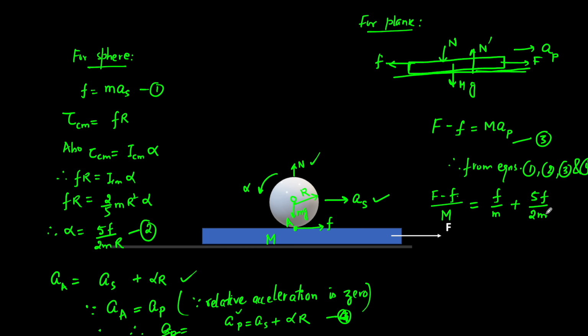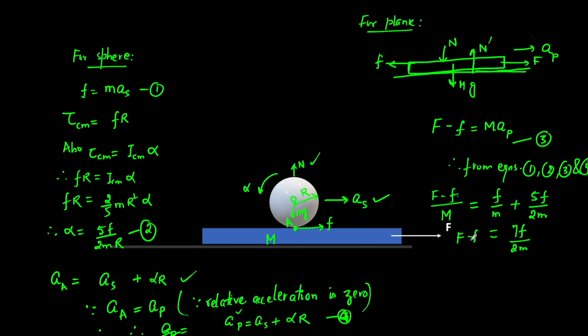Now guys, we need to figure out the minimum coefficient of friction between the sphere and the plank, so that there is no slipping between them. So let us first find out small f, which is the frictional force. From here we can write that this is equal to 7F over 2M.